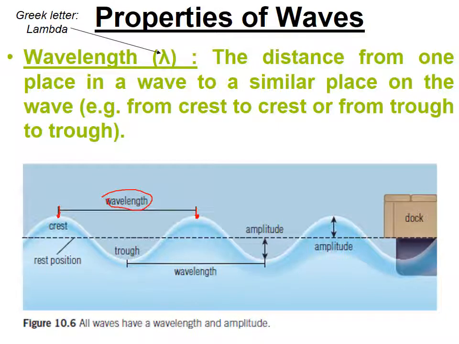You could also choose to measure from this trough to the trough right over here, measure that distance from trough to trough, and that's also the wavelength. The wavelength is represented by a Greek letter called lambda, as you can see over here. And we're going to see how wavelength relates to frequency in the next few slides.